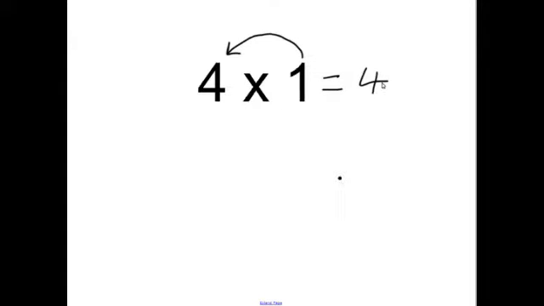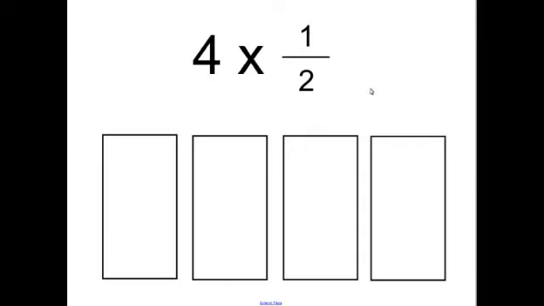So we're going to take that a step further this time, and we're going to look at a fraction. So in this case, we've got 4 multiplied by a half. Now we could look at it in terms of what are 4 halves, which might be a bit simpler for this one. So 4 halves, so if we split, I've got 4 rectangles here, which are representing my 4 whole numbers.